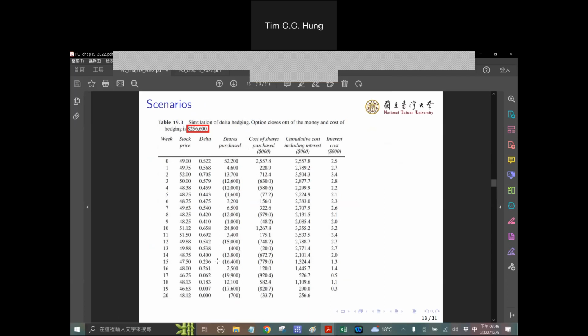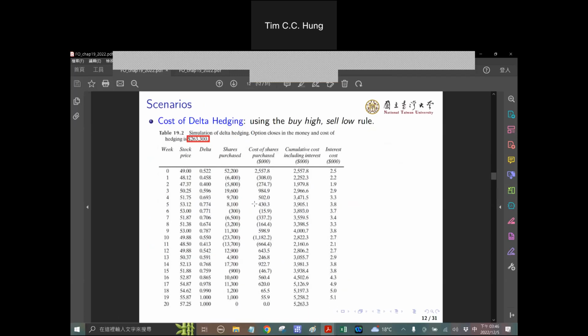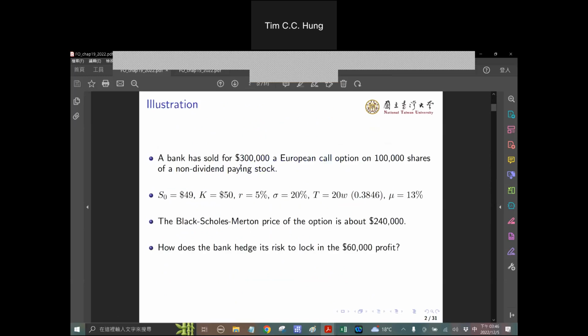Okay, it's also a value that's close to, but above, the value of $240,000, right? So you can see that when we are doing the delta hedging, in both scenarios, we actually have to sacrifice some costs, and these costs are close to, but above, the value of the original European call price. Originally, the price was about $240,000. Why could we sell it for a higher price?